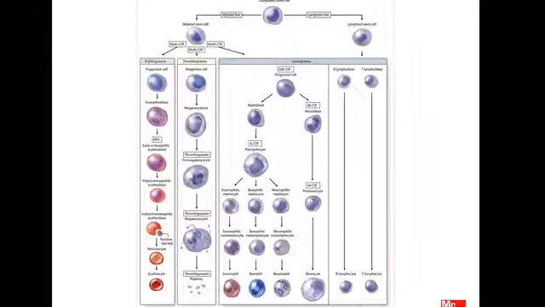Monoblast converts to promonocyte, and promonocyte converts to mature monocyte in the blood vessel, while the myeloblast converts to promyelocyte. Promyelocyte converts to myelocyte. According to their granules, size and colors, eosinophilic myelocyte, basophilic myelocyte, and neutrophilic myelocyte.